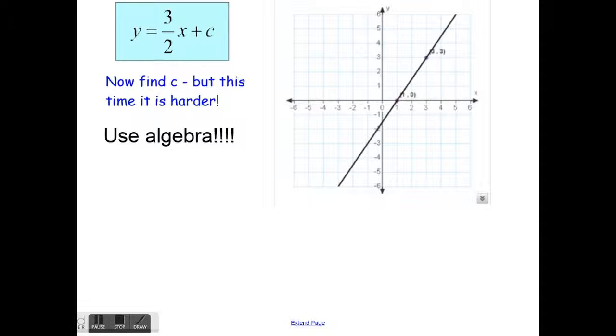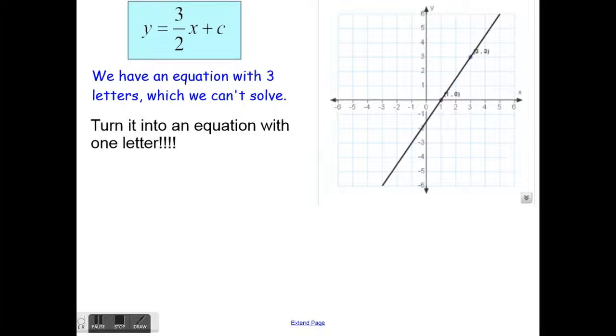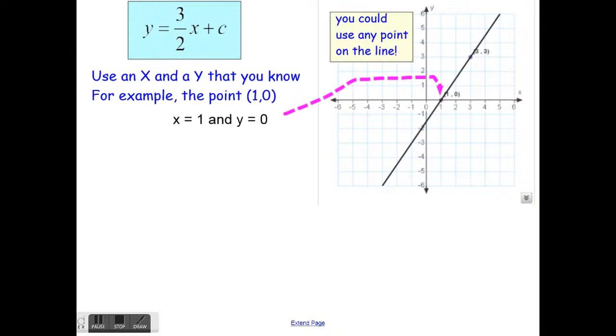Same goes for this. I cannot solve for c unless I somehow get rid of or change x and y, because I can only solve for the variable if it's the only variable in my equation. So that's what we're going to do. We have 3 letters which we can't solve, so we need to turn it into an equation with 1 letter.